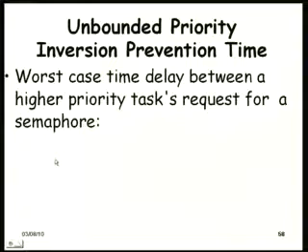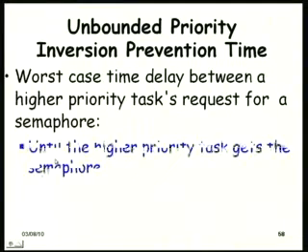Unbounded priority inversion prevention time. Whenever a high priority task requests a semaphore, a shared resource, then what is the worst case time delay that can occur? So, the worst case time delay will occur when a low priority task is holding the resource and intermediate priority tasks are not allowing the low priority task to complete.